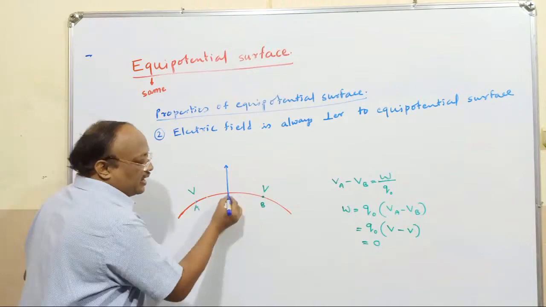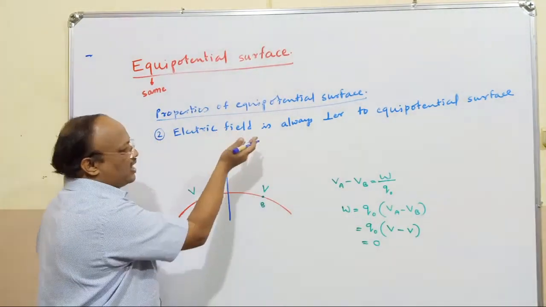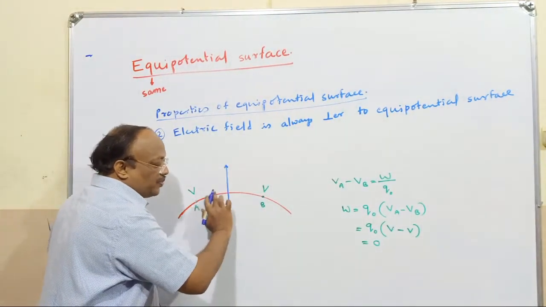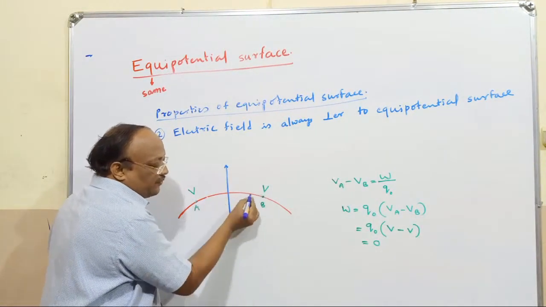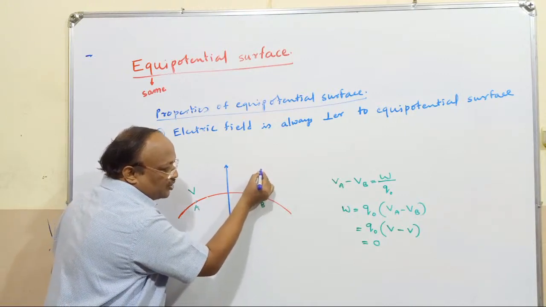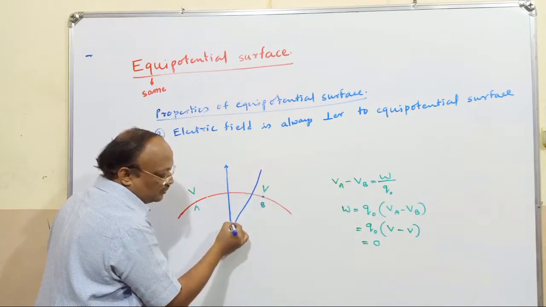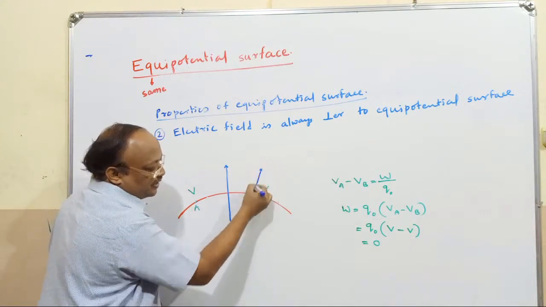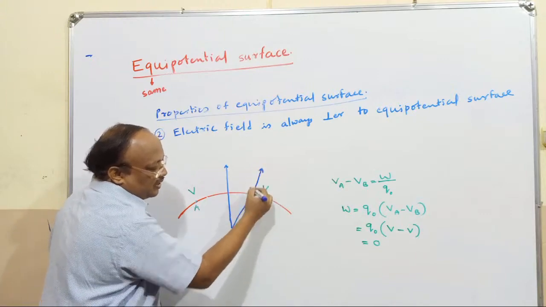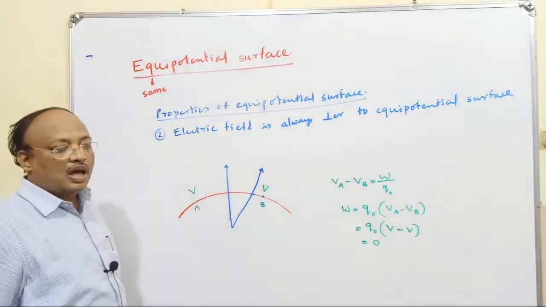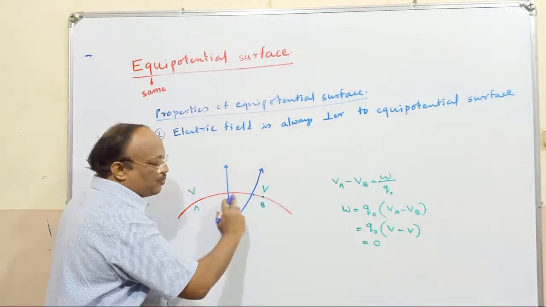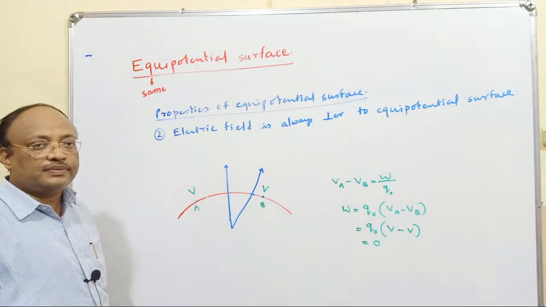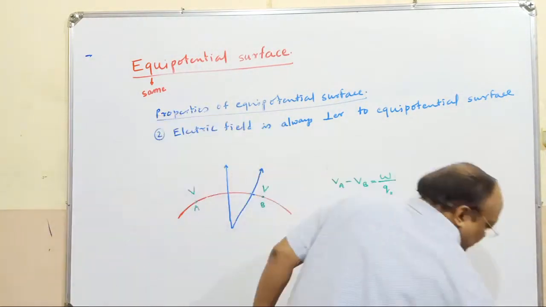Always electric lines of forces, or in other words the electric field, should be perpendicular to it at this point, and at this point too. Always the electric field and equipotential surfaces are perpendicular to one another. So how to prove this?